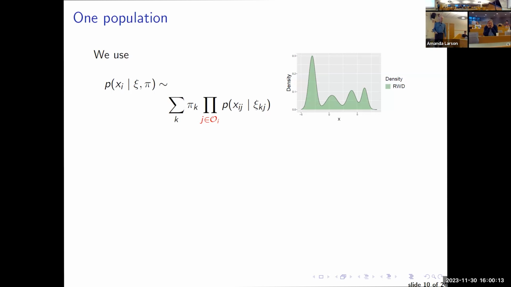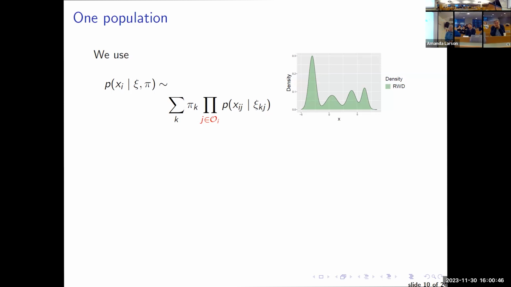So what's i and j and k here? Thank you. i indexes the patients, so x_i is the baseline covariates for the i-th patient. k indexes the terms in the mixture, and j indexes the covariates. So this is the sum over the K terms in the mixture, where each term has an independent kernel, which is written as a product over the covariates.